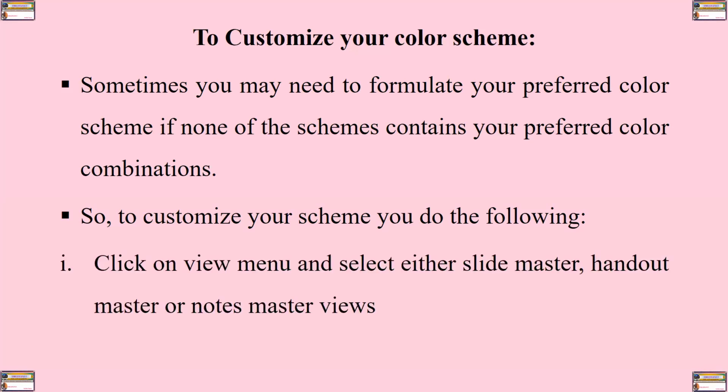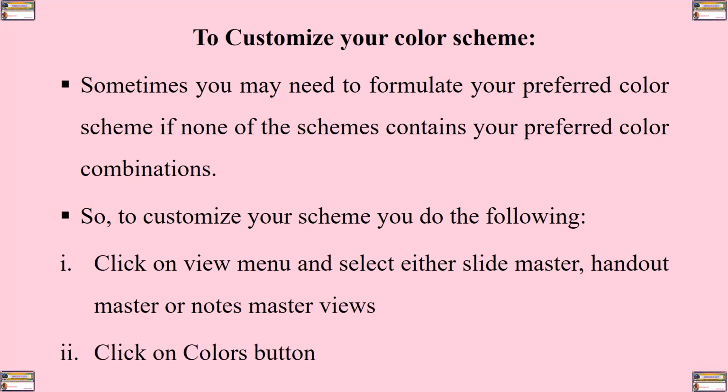Number 1, you click on the view menu and select either slide master, handout master, or notes master views. Remember, just as I have said, we are going to learn about the color schemes and how to customize them for handout master and notes master in my subsequent tutorials.